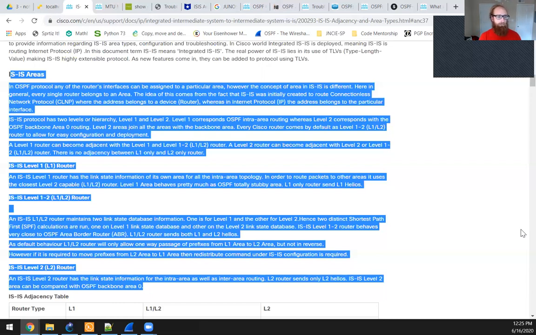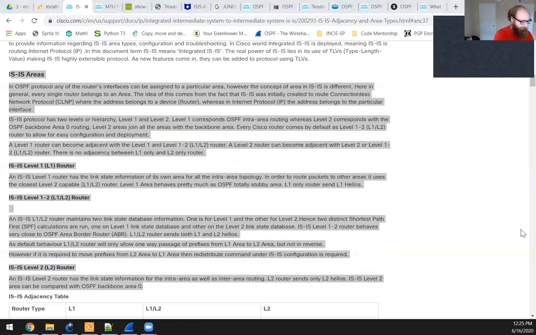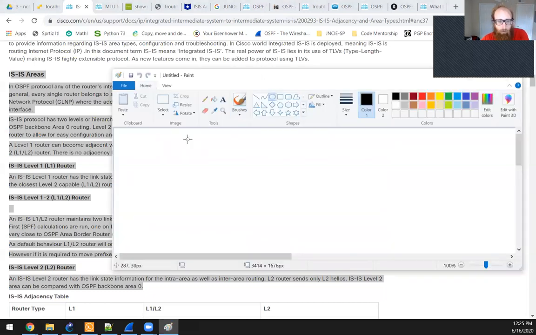What? Oh, okay. And that makes sense. So let me pull up Paint, make sure I've got an understanding of this. So we've got two routers here, and these are for ISIS, so they're connected together.